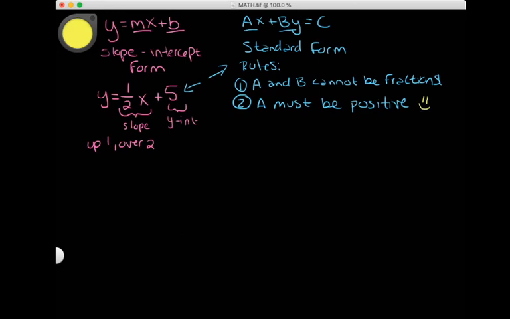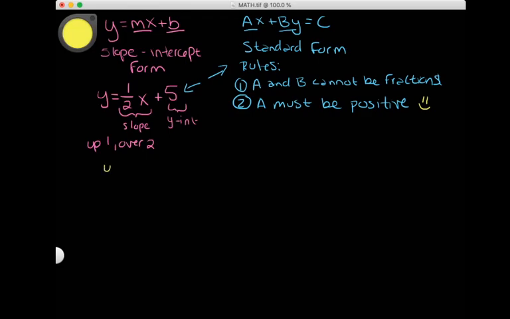Okay, so what we want to do now is take a look at how to move the equation that I wrote here on the left into standard form. I'm going to write this equation again, and walk you through how we move it into standard form.